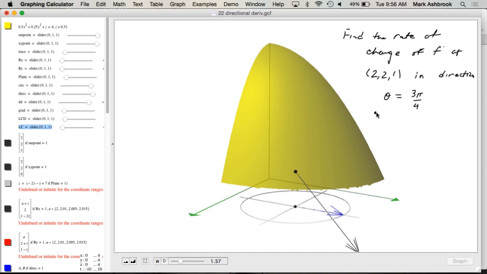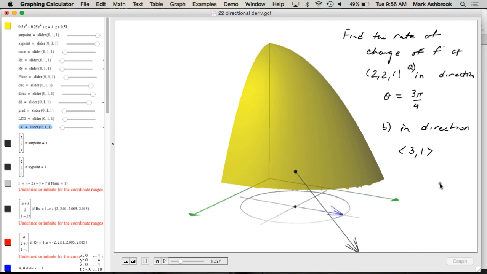That's A. And then B, find the rate of change of f in the direction, say, 3, 1. So two exercises here.